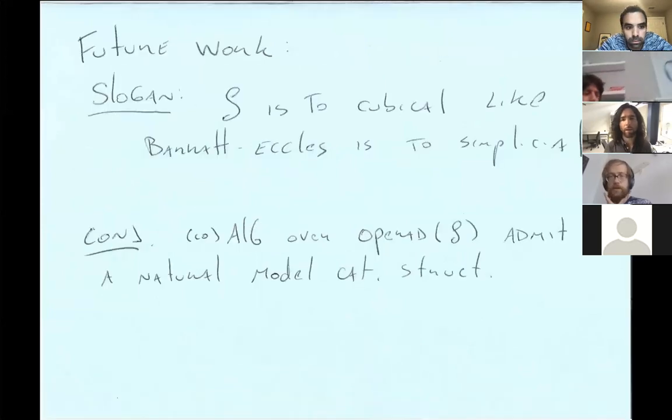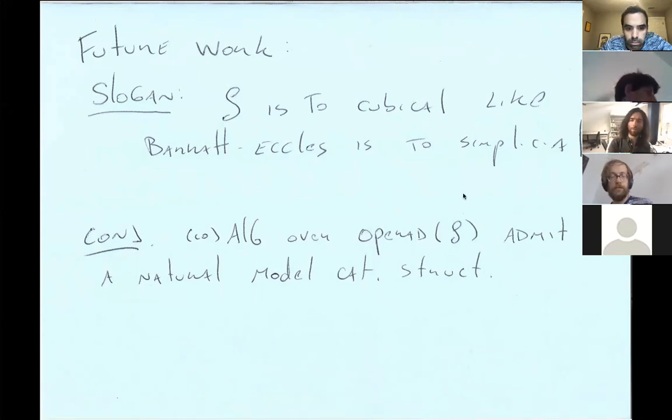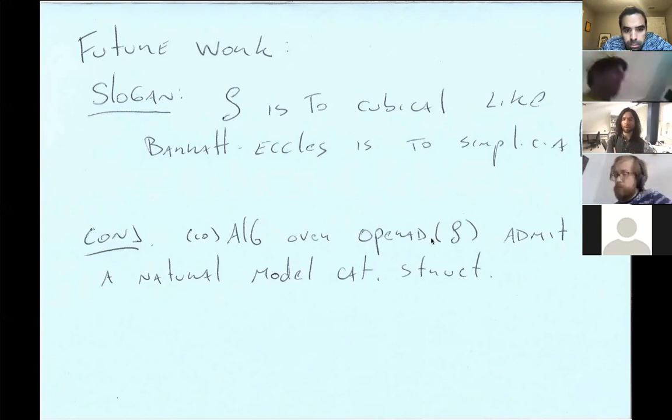So I want to end with some future work. There's this slogan that I'm trying to explore, which is that this prop S is to cubical, like the Berger-Fresse, another well-known model for E infinity, is to simplicial. And one of the manifestations of this would be to say the following, that the coalgebras over the operad associated to S admit a natural model category structure.